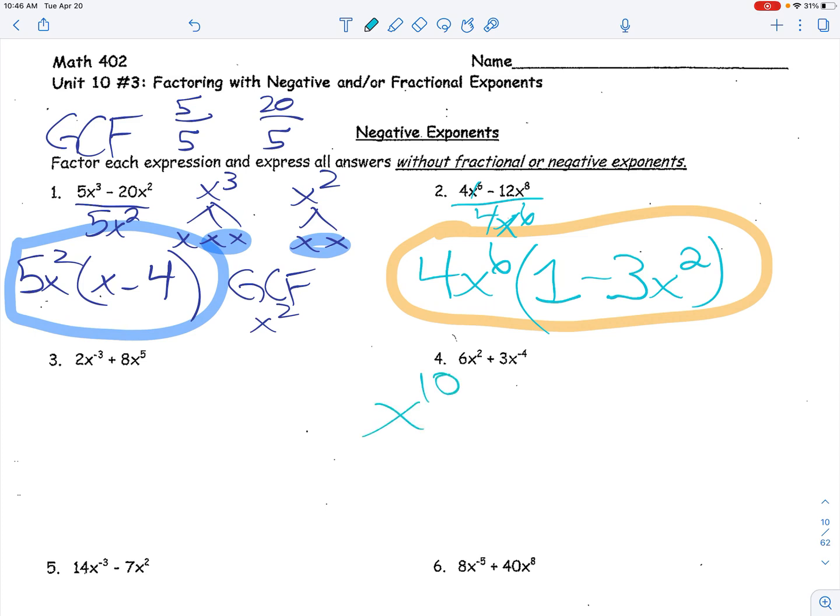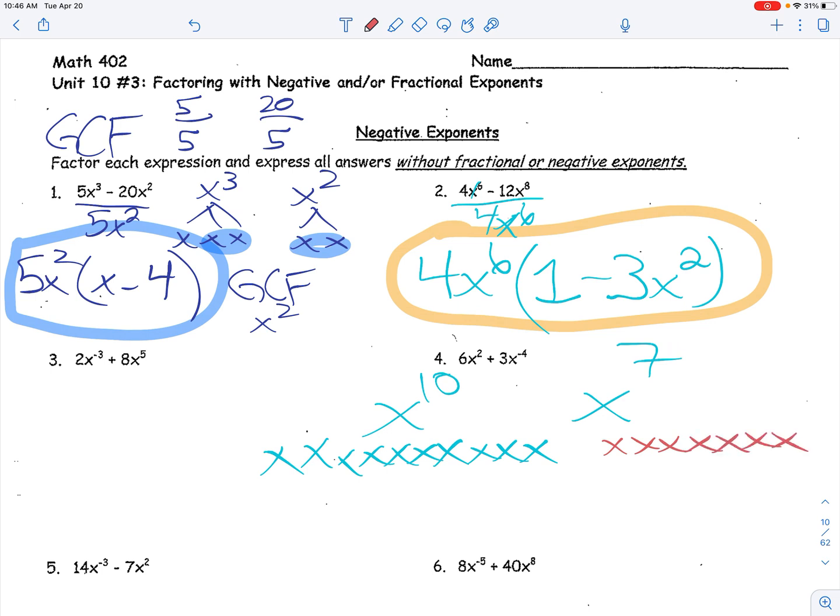So what if I did, and I'm just making this up, x to the 10th with x to the 7th? What's the GCF there? What's the GCF between x to the 10th, which is 10 x's, with x to the 7th?